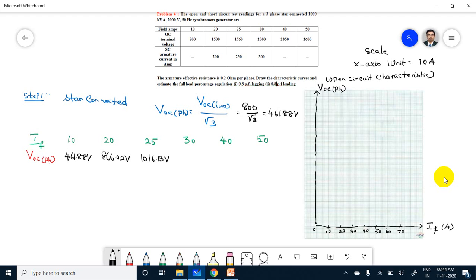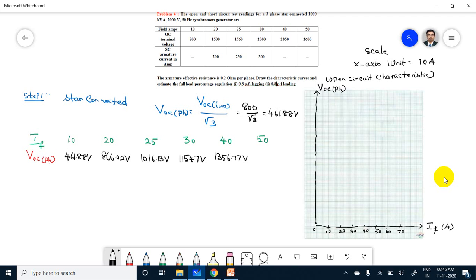Then for 30, 2000 divided by root 3. So it's 1154.7 volt. Then for 40, 2350 divided by root 3, how much? 1356.77 volt.